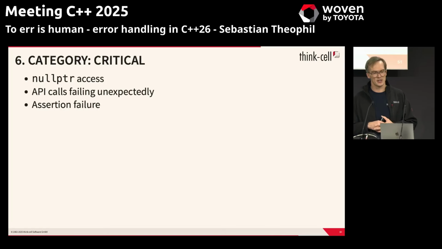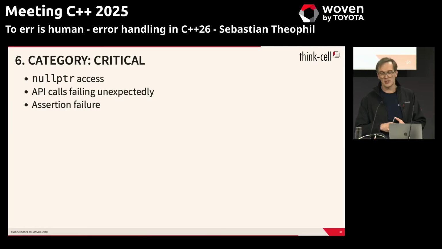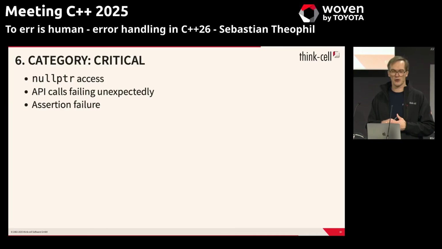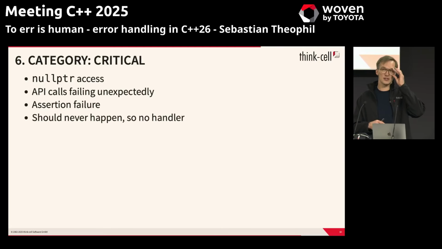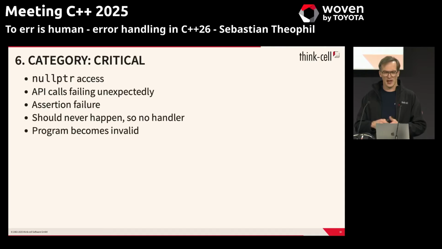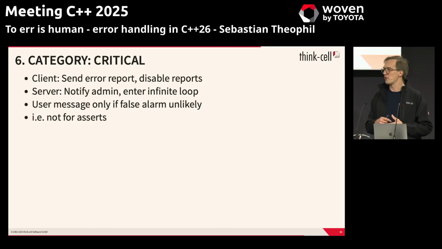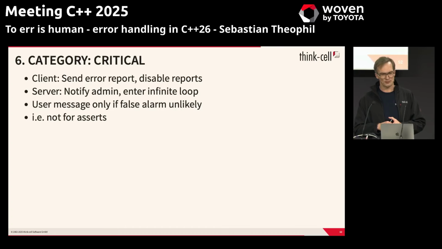These are errors like null pointer access, API calls returning an unexpected error code, or failing assertions. These are indeed things that should never happen. Where we don't have handlers, it's a programmer error. The program is invalid afterwards, like I said. So we will disable all further reports and just hope for the best and keep on running.